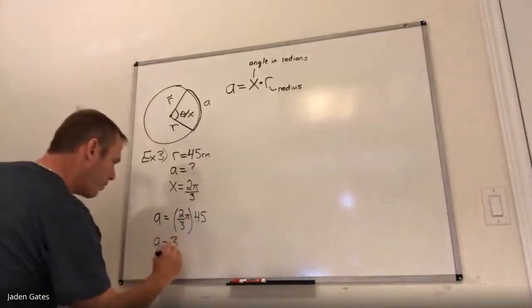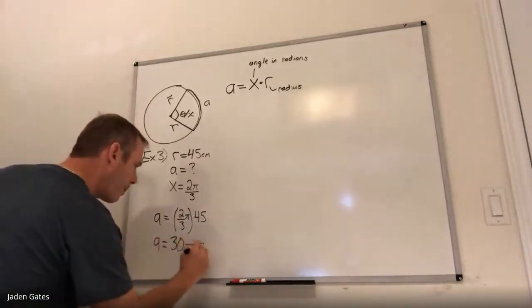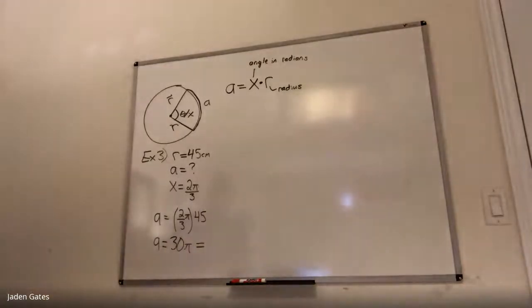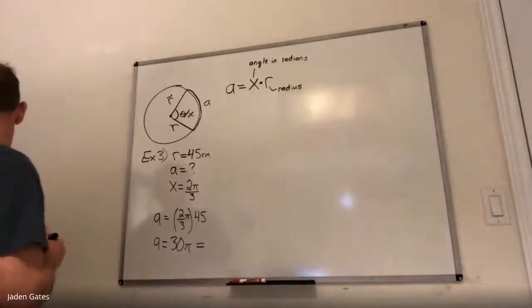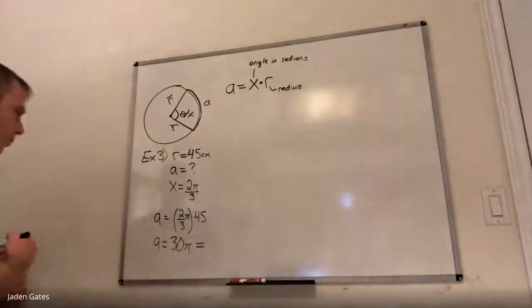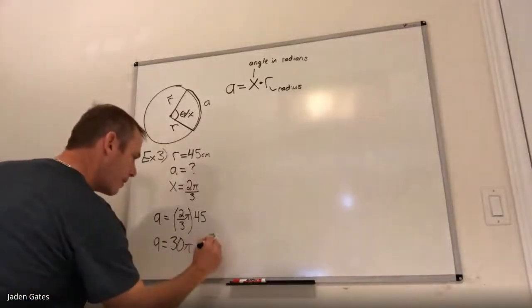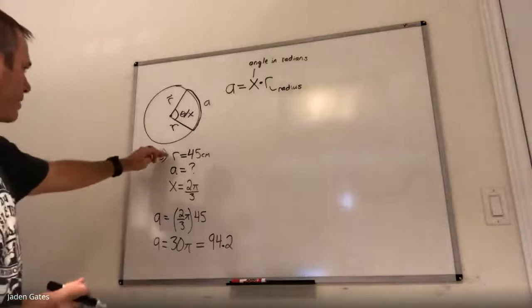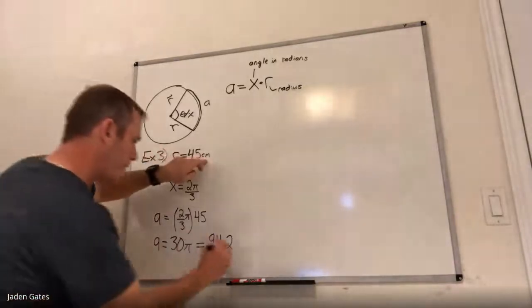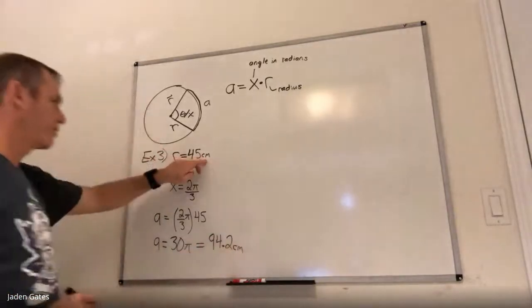So my arc length could be 30 pi. But again, the only time I leave the pi in there is when I'm talking about the angle in radians. I get 30 times 3.14, 94.2. And again, the arc length is in the same units as the radius, so it is in centimeters.